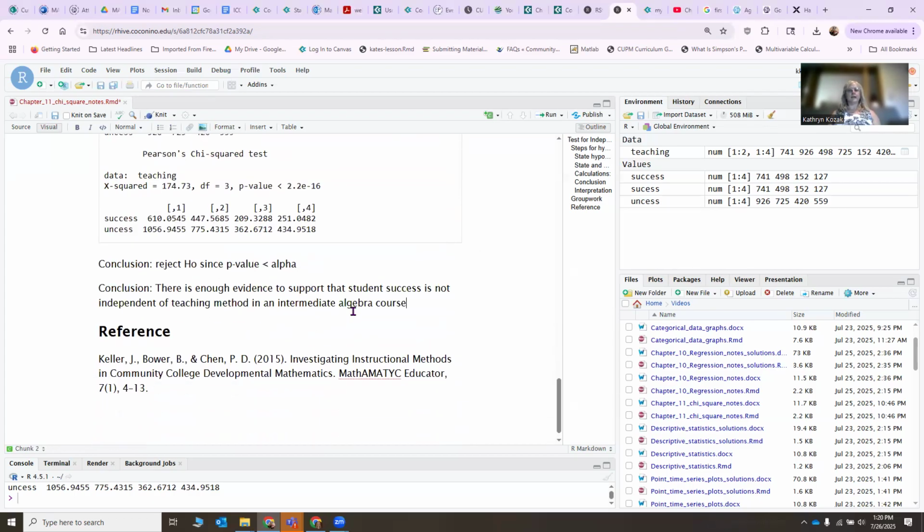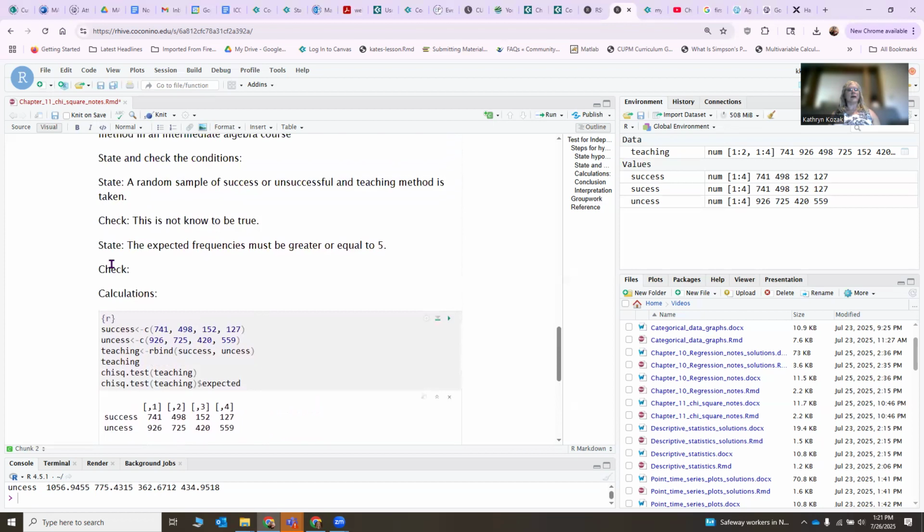So that student success is not independent of teaching methods in an intermediate algebra course. So that tells me we might want to be looking at how do we make it more successful? What do we do to make sure that everybody's doing okay, getting the right classes for them? Because the teaching method will in fact affect the outcome. Then there's some processes we can go through to try to determine which one's more successful and so forth. That's kind of beyond this course at the moment, but you could look at that.